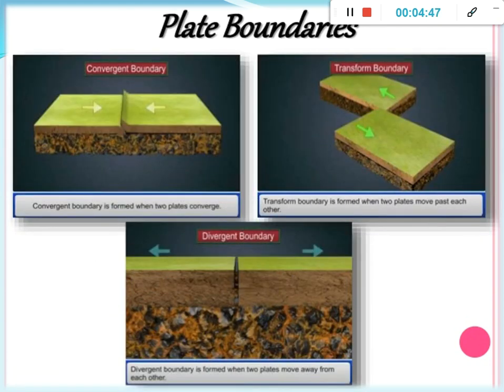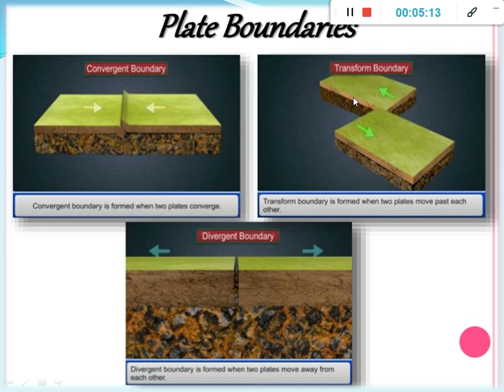Then we have the three plate boundaries. First, we have convergent boundaries. In convergent boundaries, two boundaries join with each other, and then one boundary is on the lower side and one is on the upper side.